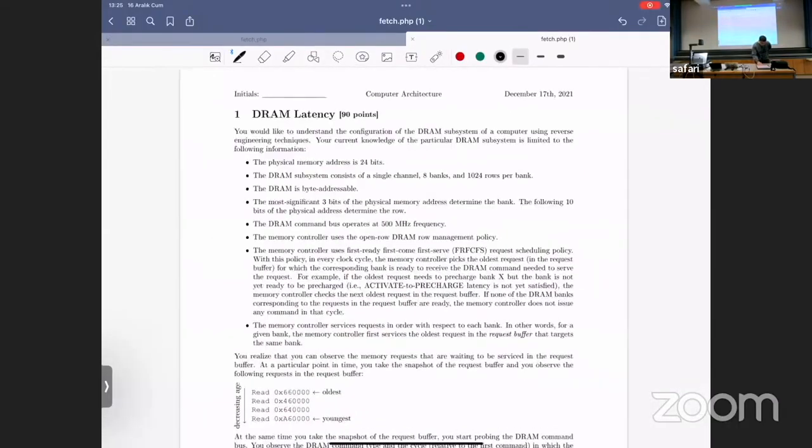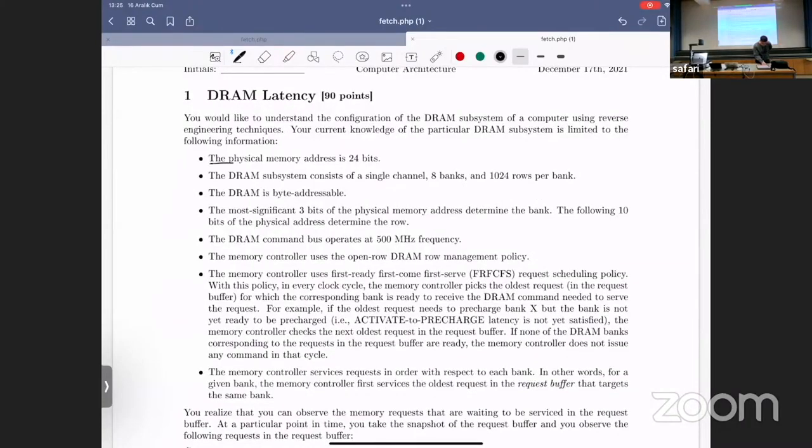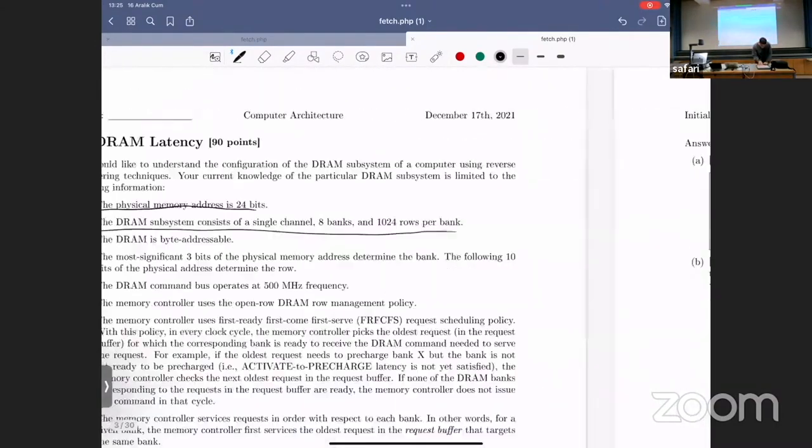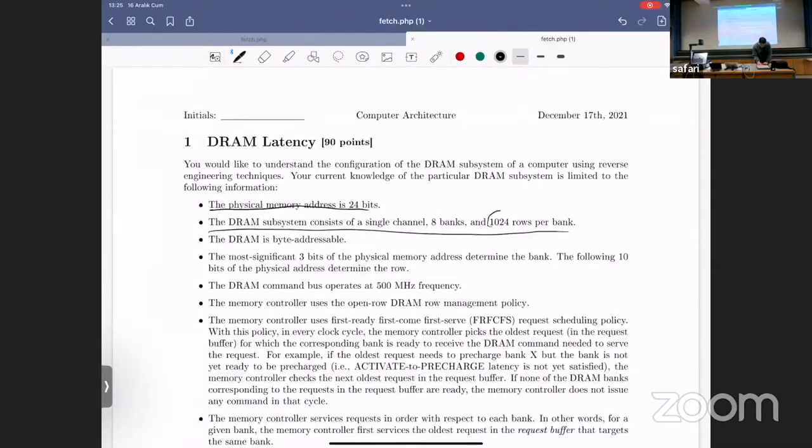For this, we need this and this information. The first one tells us physical addresses are 24 bits large. The second bullet tells us that there are 1,000 rows per bank and 8 banks in total in a single channel.